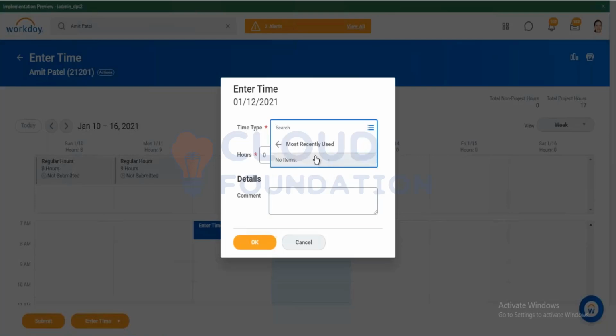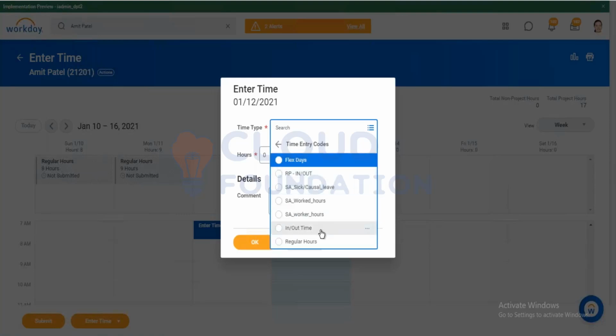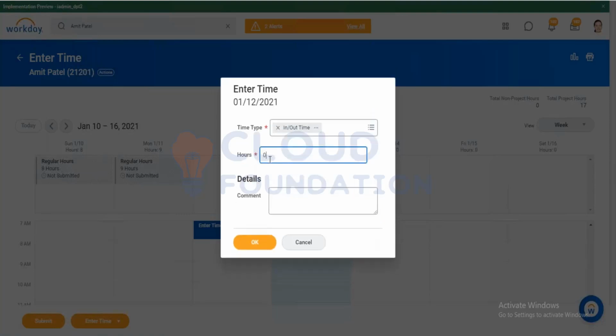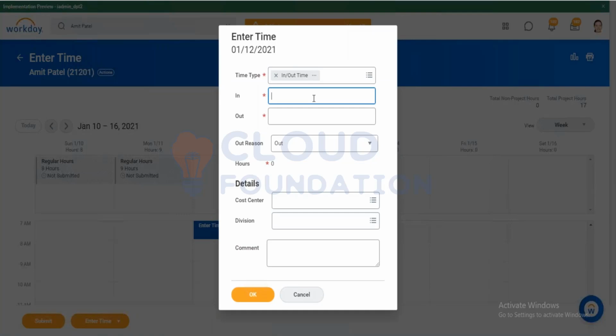Now let's take our time entry code in and out time. This is the first block.